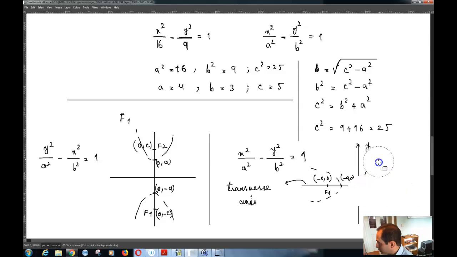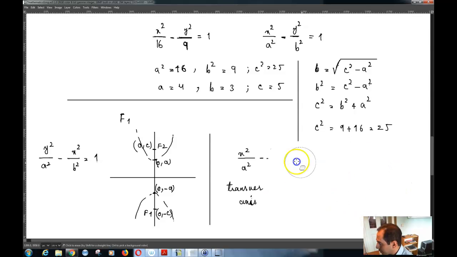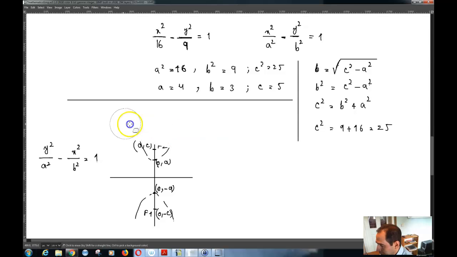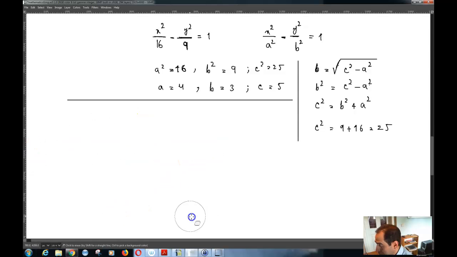So now I'm going to erase all of these things and come back over here. And so now basically I know that in order to find the coordinates of for example my vertices, let's say that V1, we said that basically the points are going to be along a horizontal line. That means that the y coordinate over there is 0.